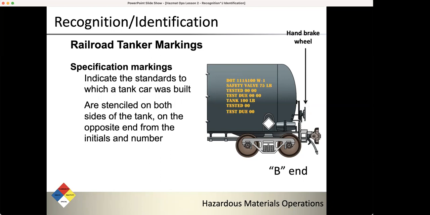Again, here's the handbrake wheel, and so that would be the B end right there. Let's see, what else? Oh, another piece of trivia. These tanks can hold, for example, this one, 100 PSI internal pressure before it fails.